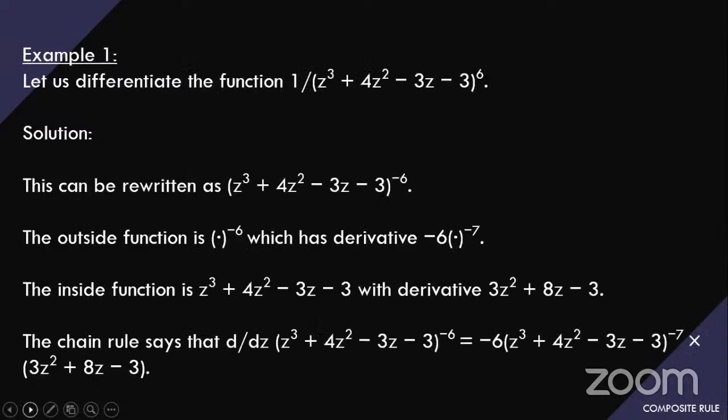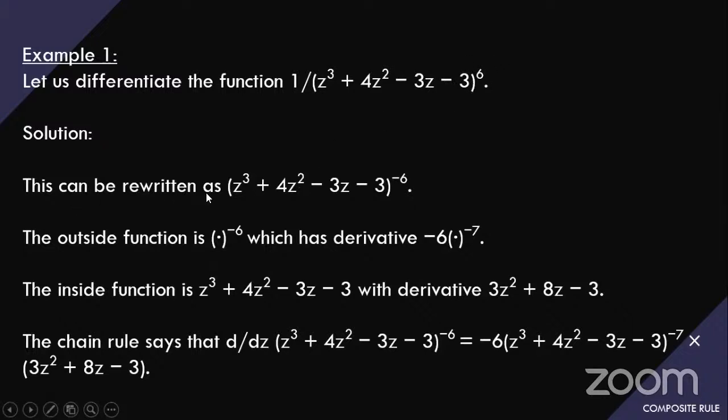Let me go to another example. Let us differentiate the function 1 divided by z cubed plus 4z squared minus 3z minus 3, all raised to the power of 6.